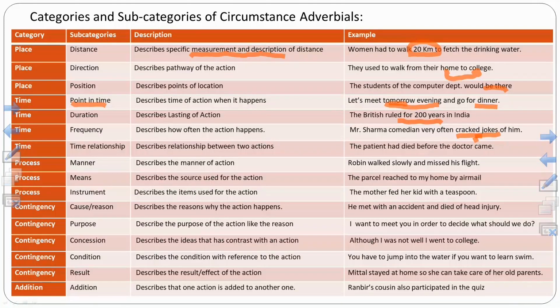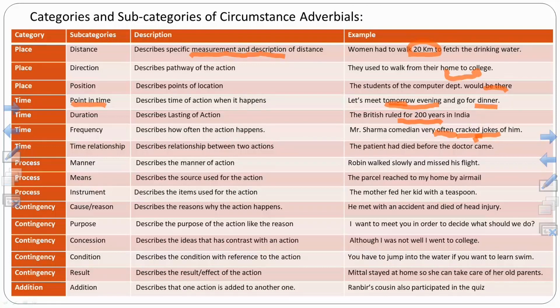We just need to look at the word often, which describes frequency, how often the action happens. So he is a comedian who often cracks jokes about someone. So these are timings. It shows time.